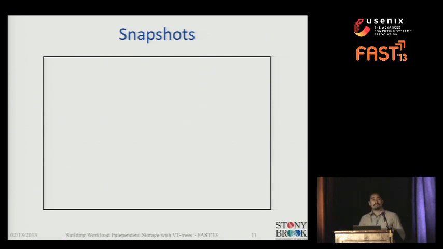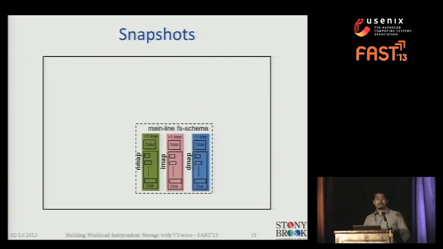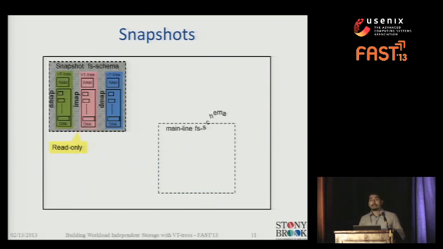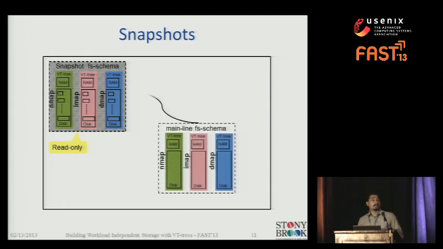KVDB and KVFS both support snapshots. The way we do snapshots is we have something like an active branch or a default branch, which we call the mainline file system schema. In order to take a snapshot, we mark it as read-only, and then create a mainline schema with empty VTTrees. And then we make the mainline schema depend on the snapshot we just took.